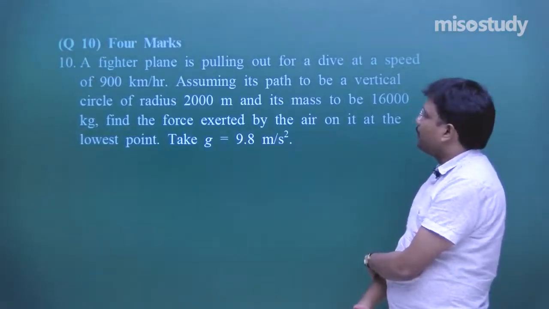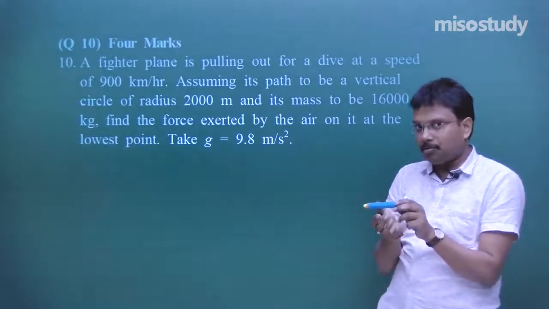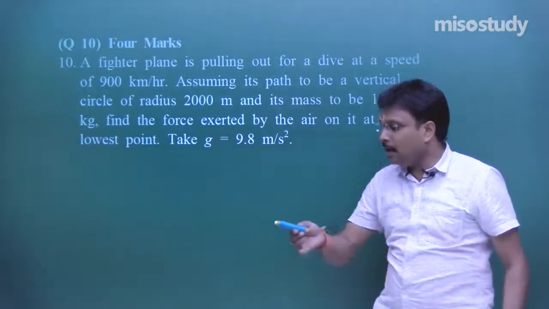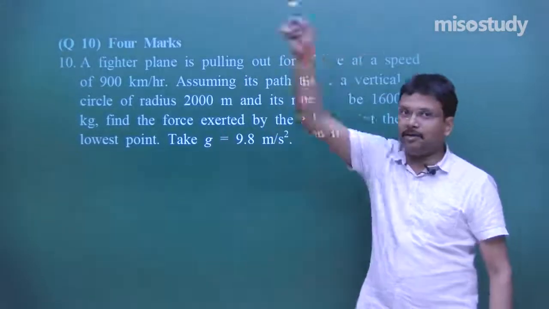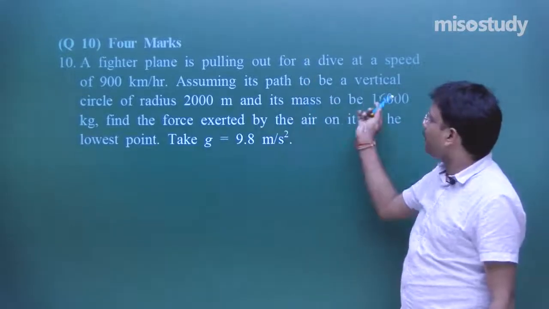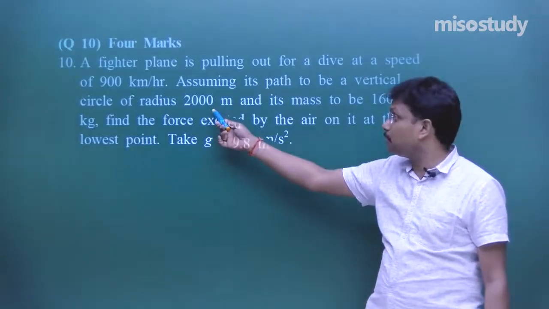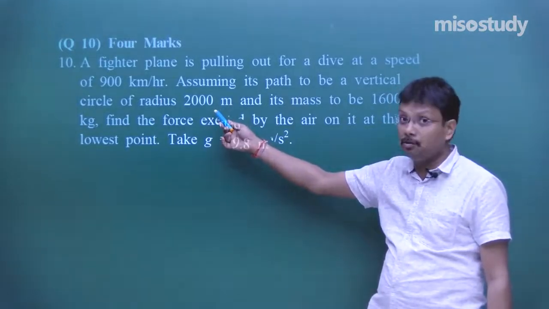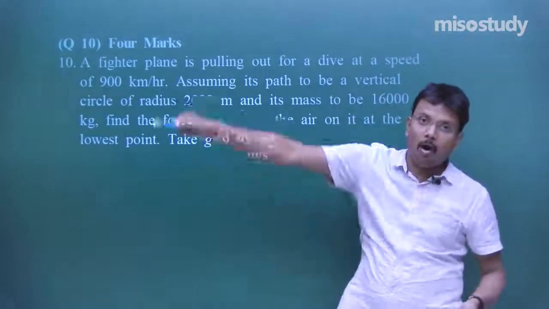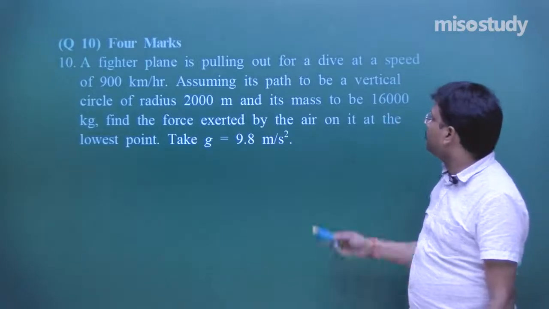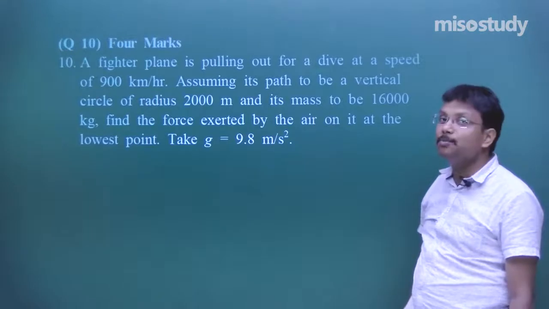Assuming its path to be a vertical circle, which means the fighter pilot is starting his plane, Sukhoi M30I, and then it wants to take the circle like this. Assuming its path to be a vertical circle of radius 2 km, that is 2000 meters, since 1000 meters means 1 kilometer. So it is a big circle, and its mass is given. Find the force exerted by the air on it at the lowest point.